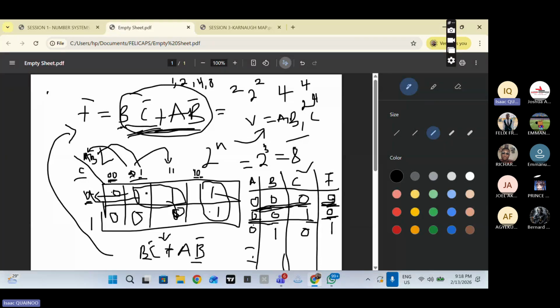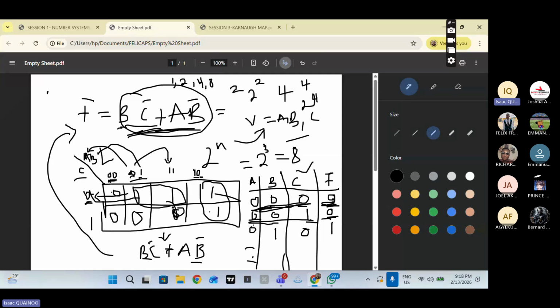So this box is where A is 0, B is 1, and C is 0. Everything you see there is the function value or the output of those combinations. So that's how you can basically interpret a K-map, please.